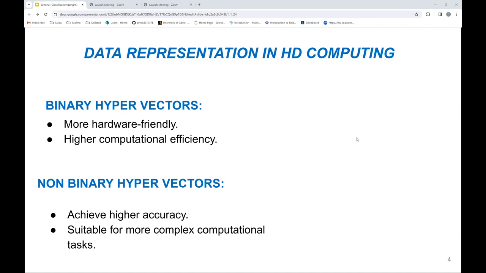Whereas non-binary hypervectors can be bipolar and integer hypervectors. They have high accuracy and are suitable for more complex computational tasks. The choice of hypervector will depend on the requirement of the task, balancing between efficiency and accuracy.